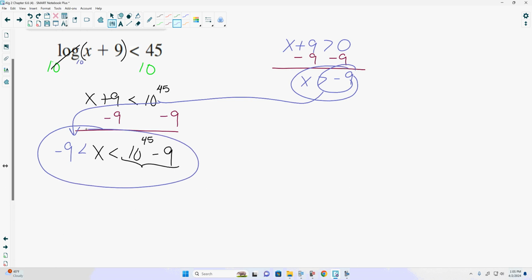That's our final answer. Because 10 to the 45th minus 9, I believe, would have 43 nines and then a 1. So it's a 45 digit number. It is massive. Questions on this here? Do they feel comfortable with these here?